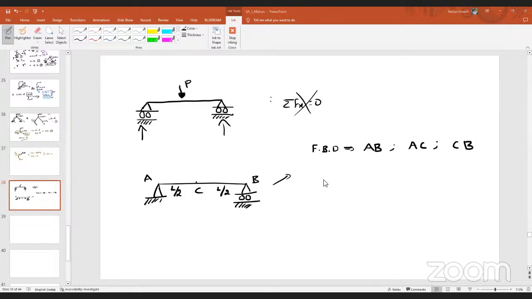Now tell me, if it is AB, I think every one of you can tell me the answer, isn't it? How many reactions should I consider at A? 2, vertical and horizontal. How many should I consider at B? 1, sir, vertical. So there is no ambiguity here at all. Right? Now, let me come to AC.